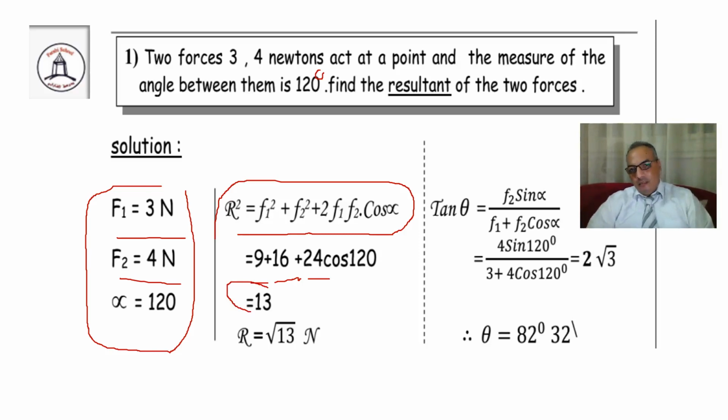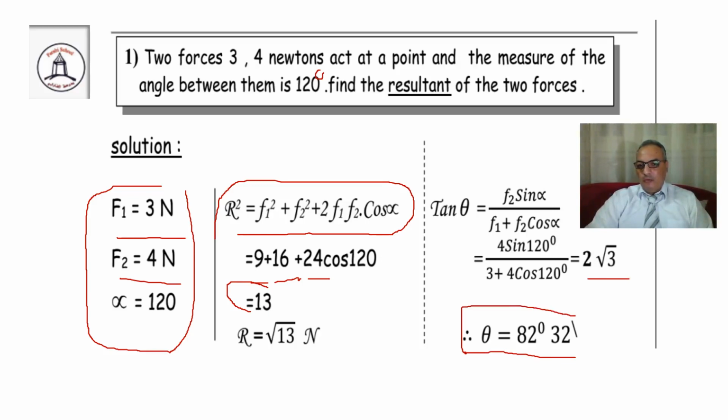Tan theta equals F2 sine alpha over F1 plus F2 cosine alpha, which is 4 sine 120 over 3 plus 4 cosine 120, equals 2 root 3. By shift tan, using the calculator, we find theta is 82 degrees 32 minutes. This is the direction of the force.